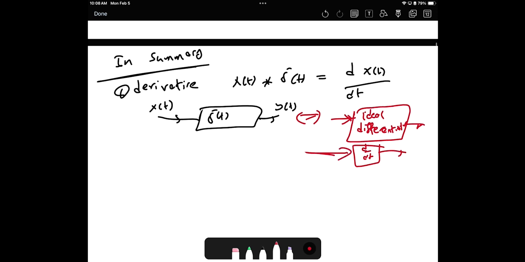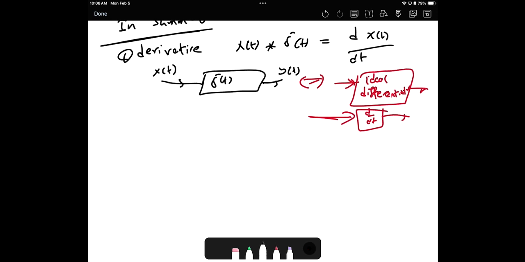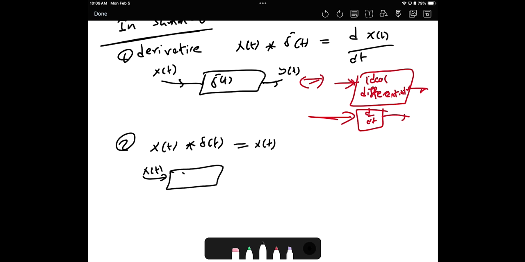Okay? Second thing, the normal situation, or nothing, which we say like nothing. Whenever we have x of t convolved with delta of t, this is equal to x of t. So do nothing. It looks like you put x, put delta of t, but without prime.